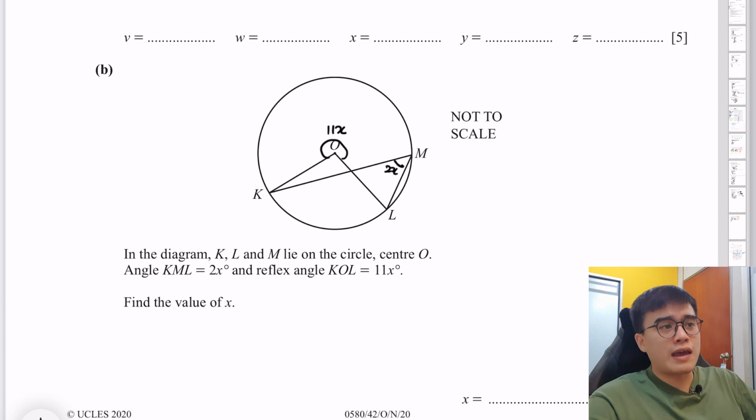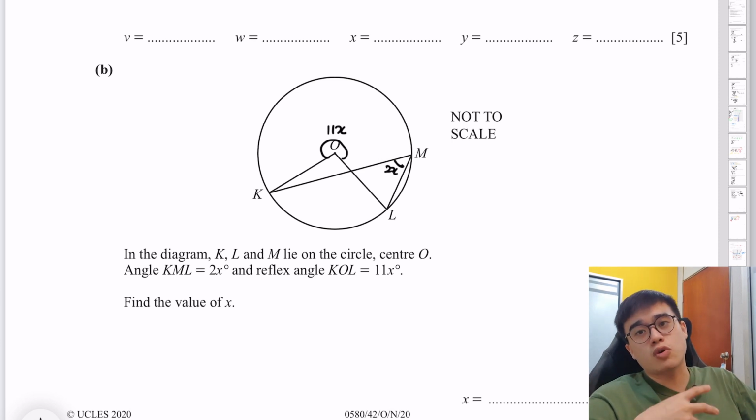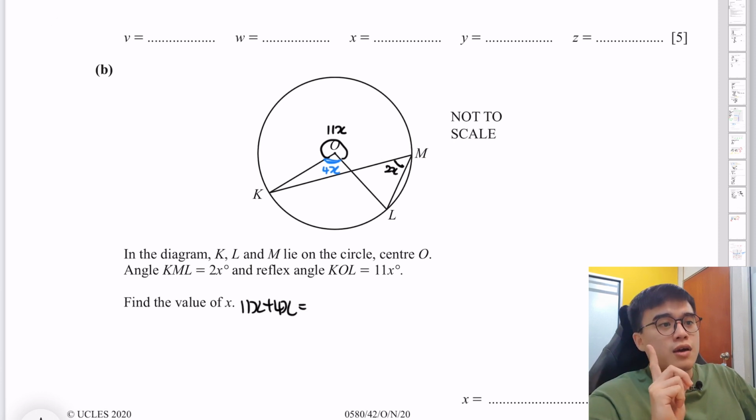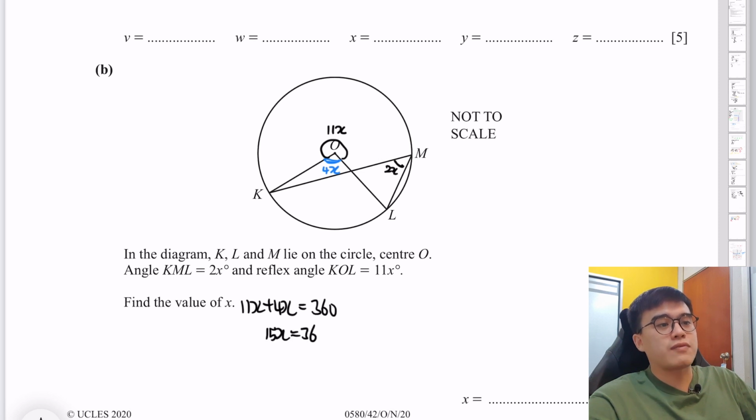Having KML and KOL here, I know that I can use the circle theorem, where the angle at the center is twice the value of the angle at the circumference. So I know it is 4x over there. 11x plus 4x equals 360, and my x value will be 24.